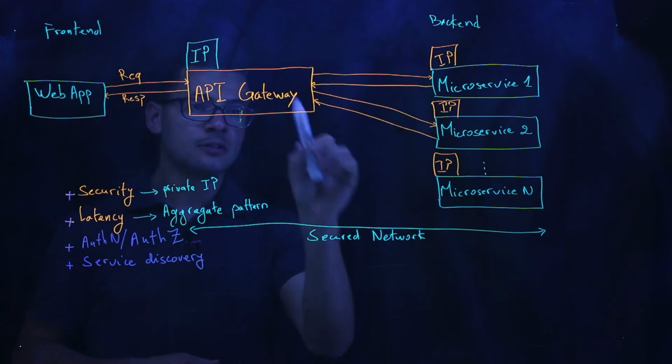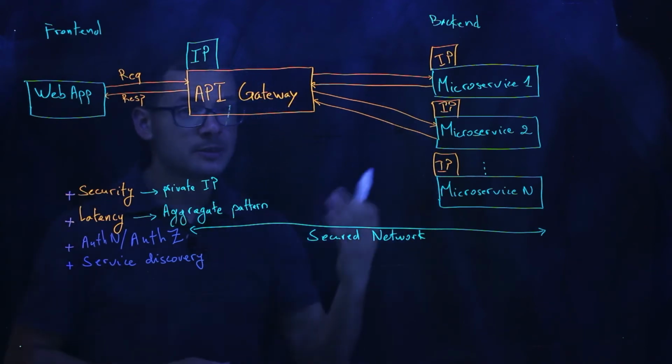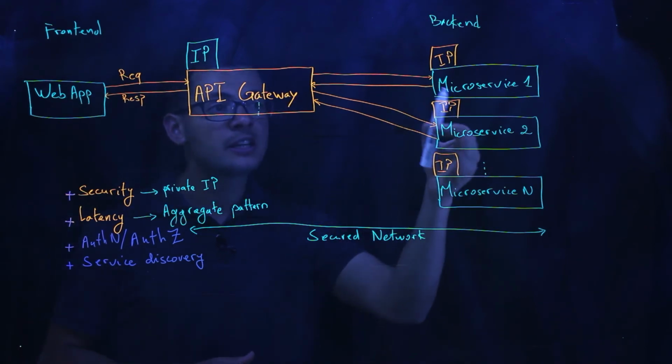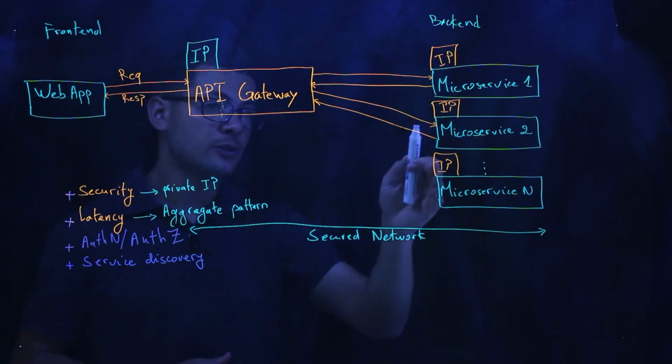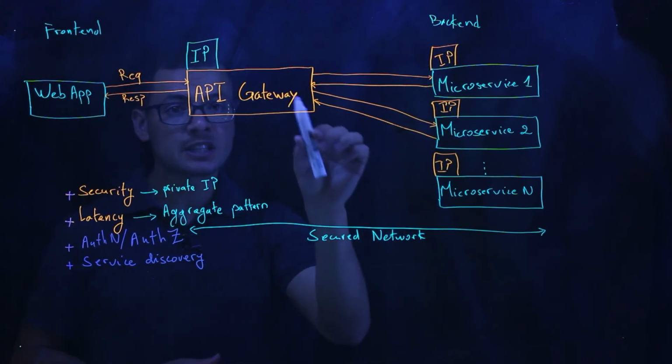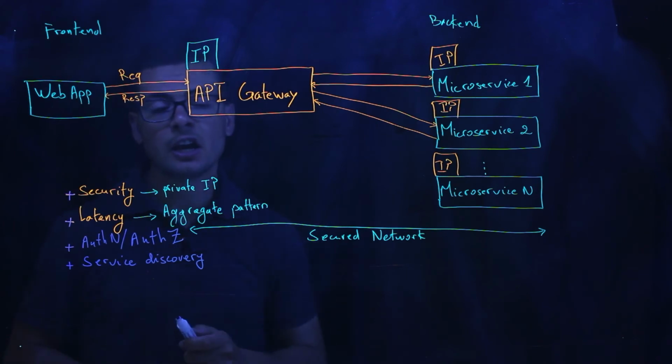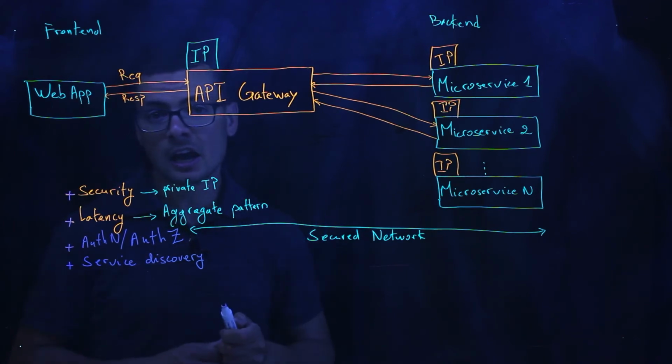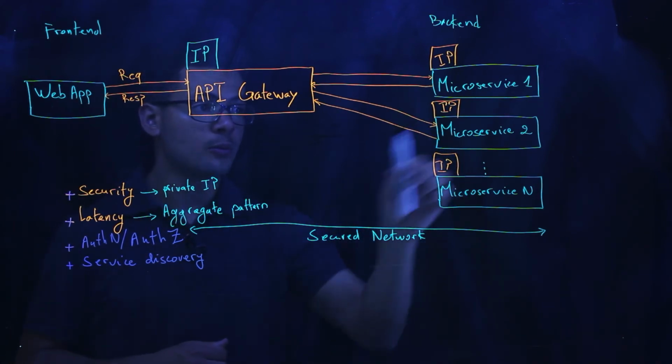Another advantage is the response caching. So instead of implementing this in all my microservices, I can implement response caching only on the API gateway. So again, I'll have less code for my microservices.